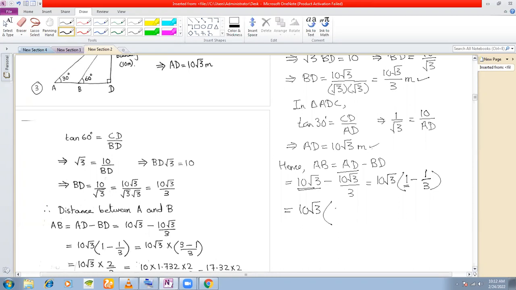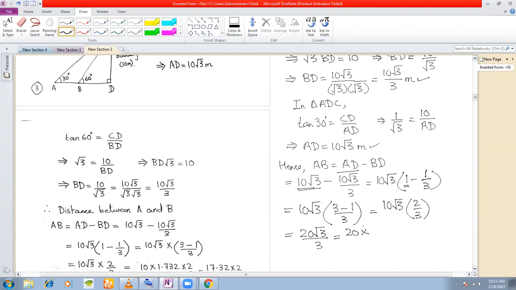Now if you take the LCM, you get 3 minus 1 by 3. So you get 10 root 3 into 2/3. So you get 20 root 3 divided by 3.